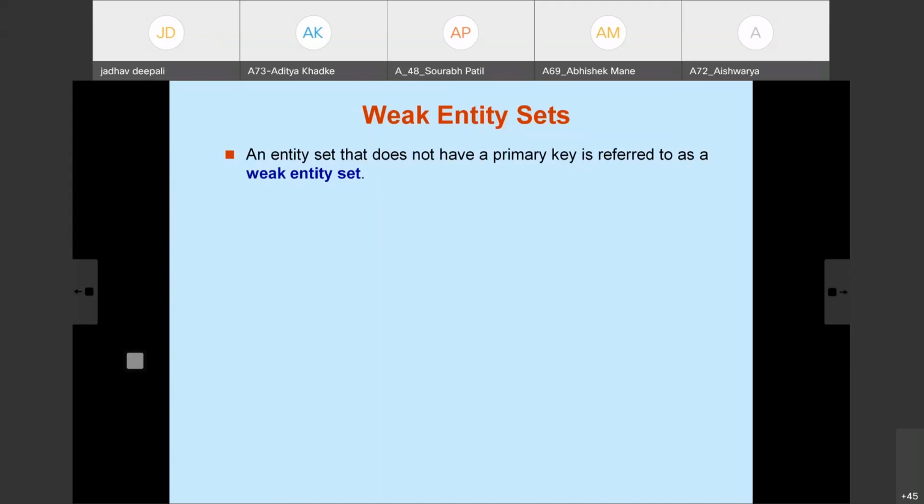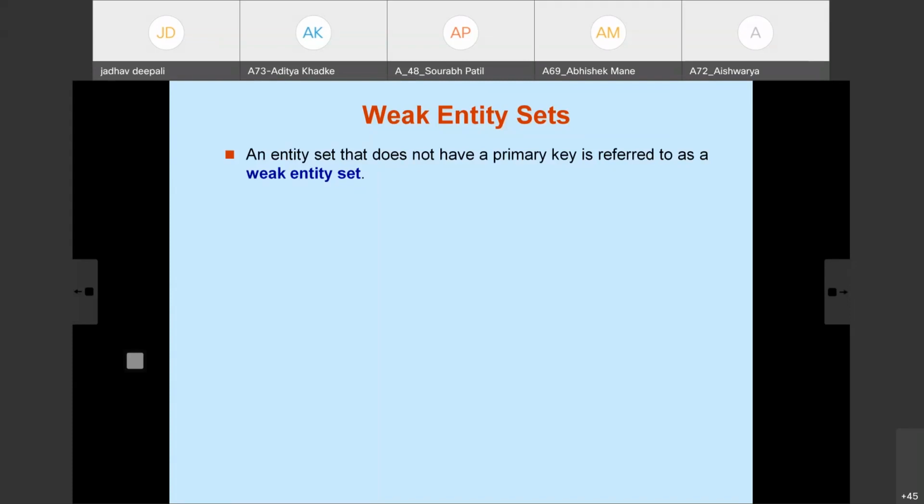Instructor has instructor ID as a primary key, then student ID, course ID, department name. So these are the entity sets which have their own primary key, and that's why these are strong entity sets.